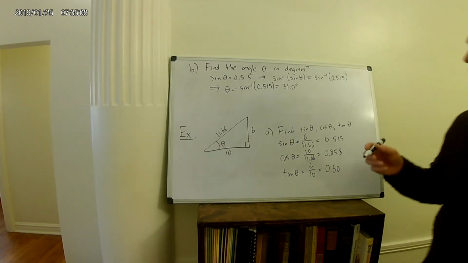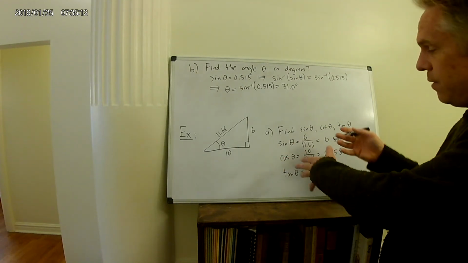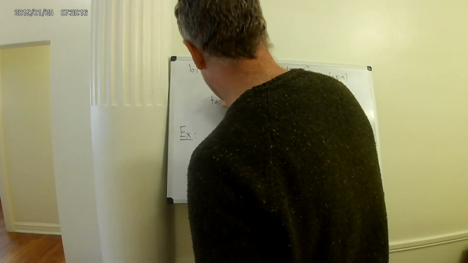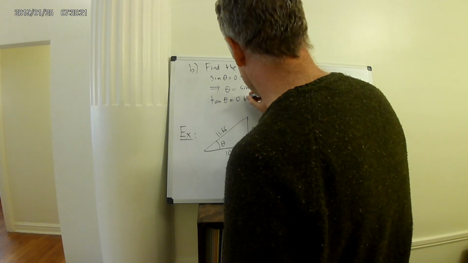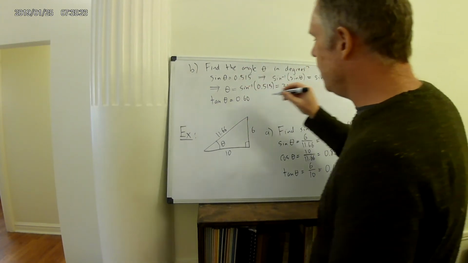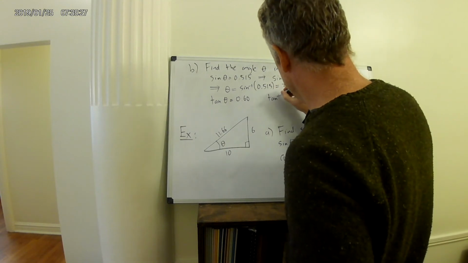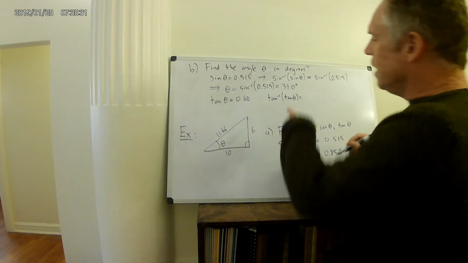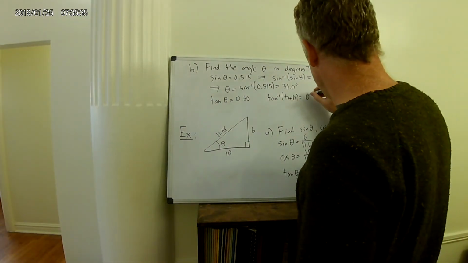Now, there's another way to find this angle. We could have used any of these other two functions as well. I'll use tangent. We also know tangent of theta equals 0.6. So what I could do is take the inverse tangent of both sides of this equation. Again, inverse undoes the action of tangent, and so I just get theta.